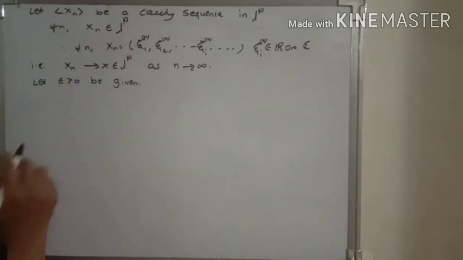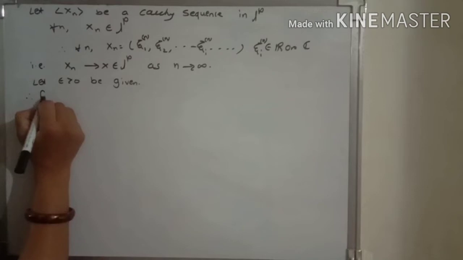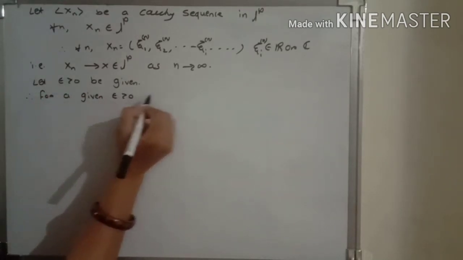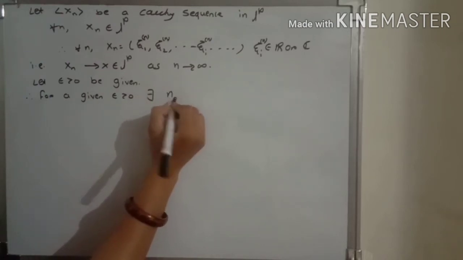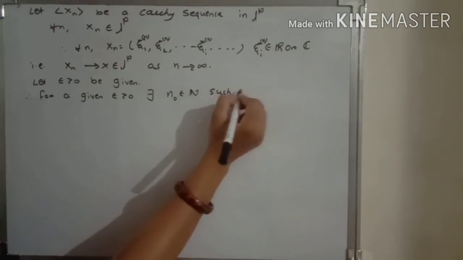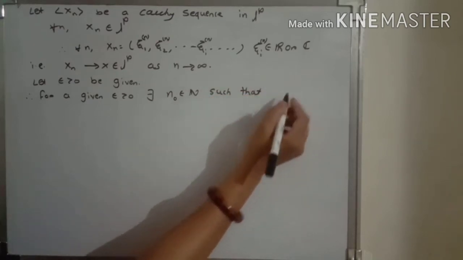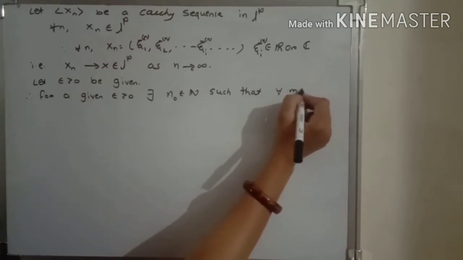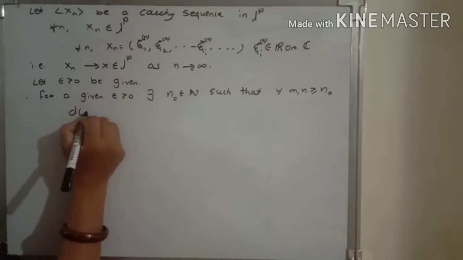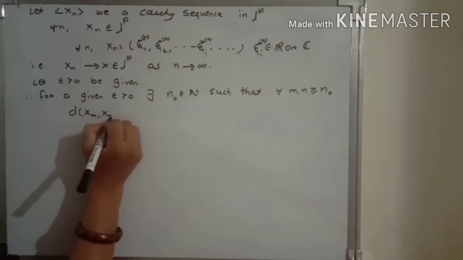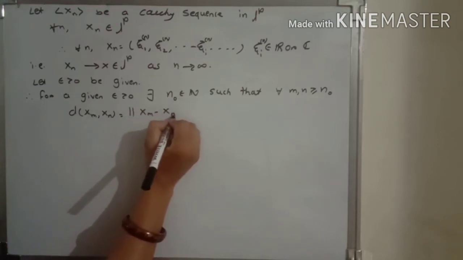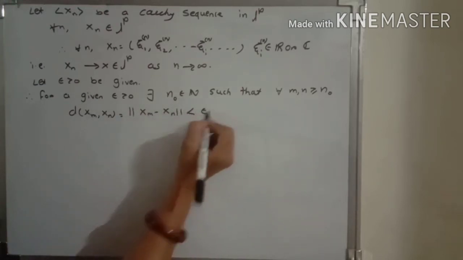Therefore, for a given epsilon greater than 0, there exists a natural number n naught such that for all m, n greater than or equal to n naught, d of xm comma xn, that is equal to norm of xm minus xn, is lesser than epsilon.